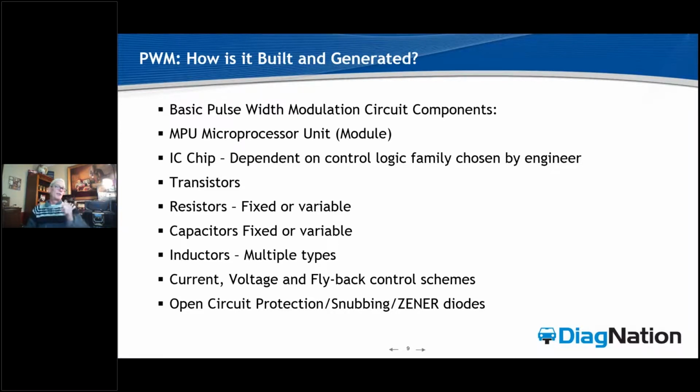We're also going to use lots of transistors in a pulse width modulated circuit. The output for that pulse width modulation, whether it's the actual power control through a MOSFET device or some sort of FET device, or whether it's transistor logic or CMOS logic, is going to be transmitted through transistors. So that's a major player.